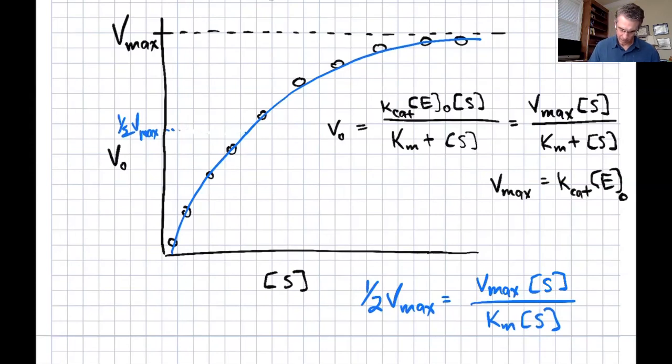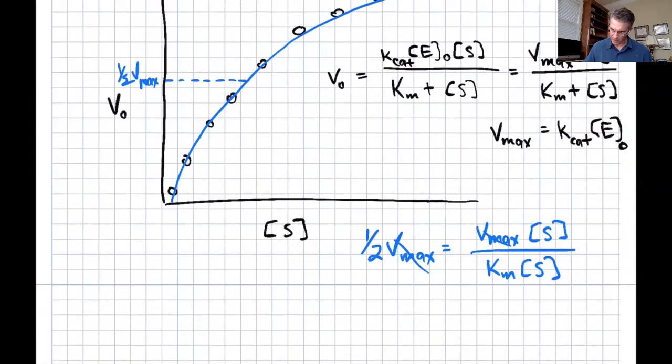So you can get that in principle by solving that basic equation that I just set up there. You cancel out the Vmax, of course, and you solve. What you find is that the concentration of S at 1/2 Vmax is just equal to the Km.